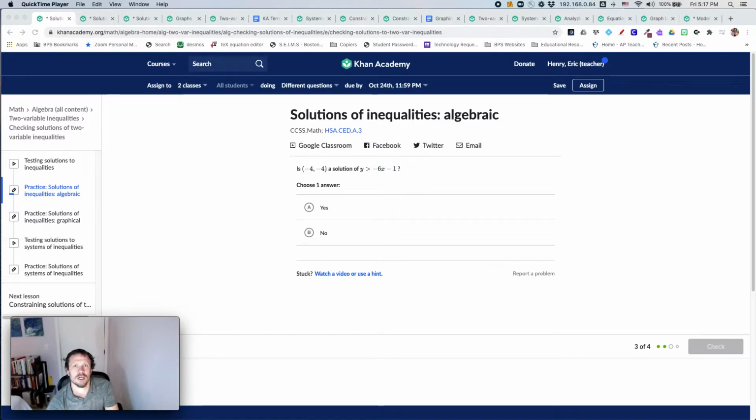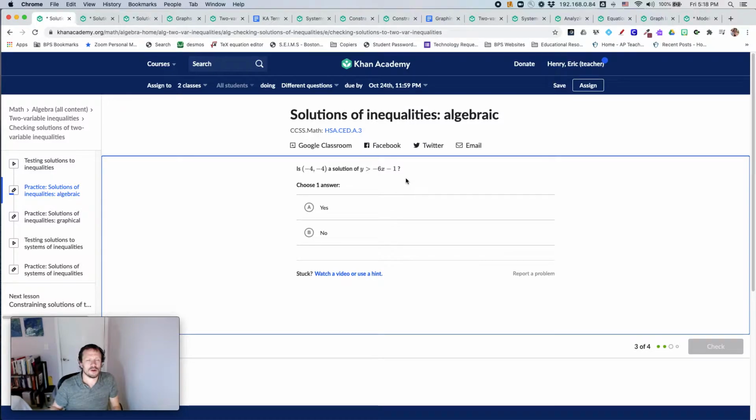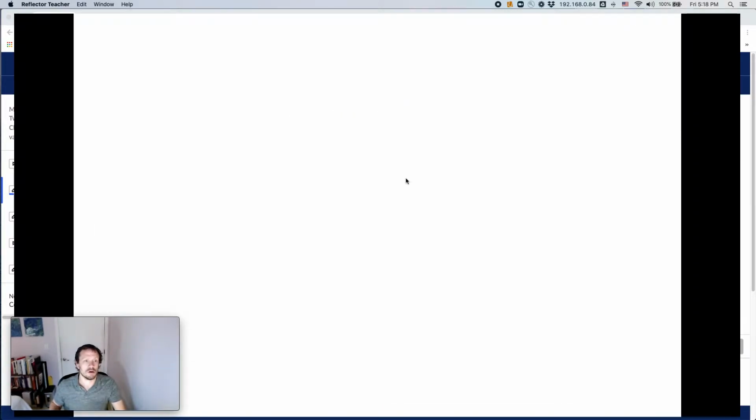So we're starting with solutions of inequalities algebraic. Copying this. Is it a solution? Yes or no? Pasting that.